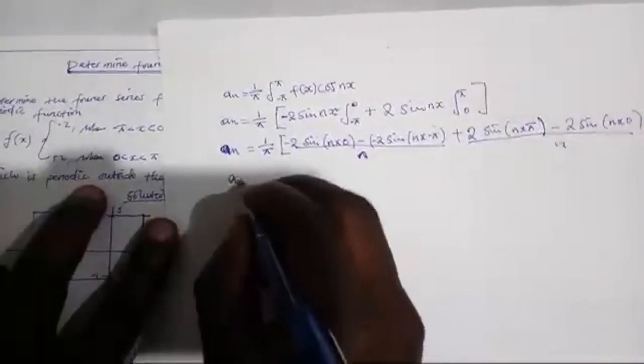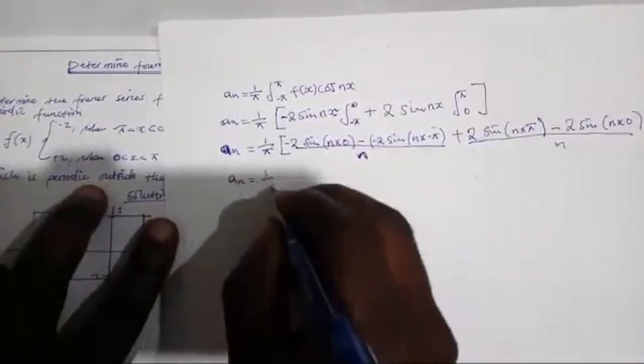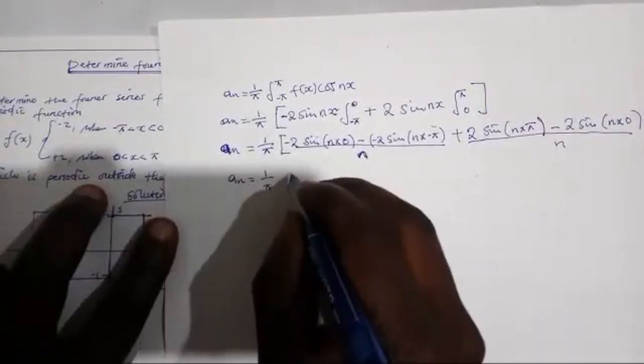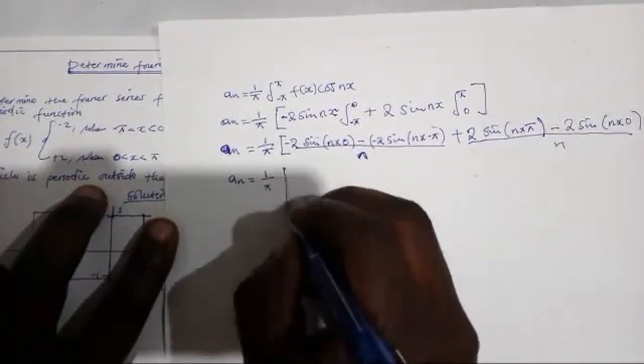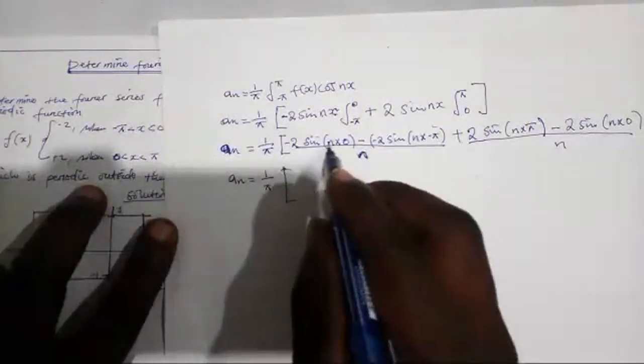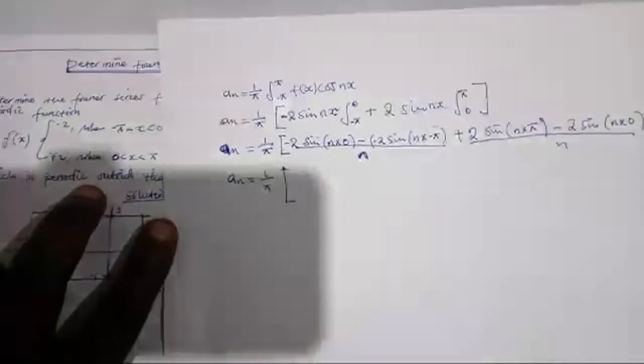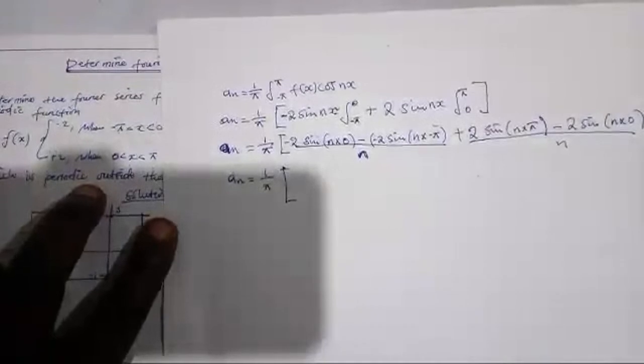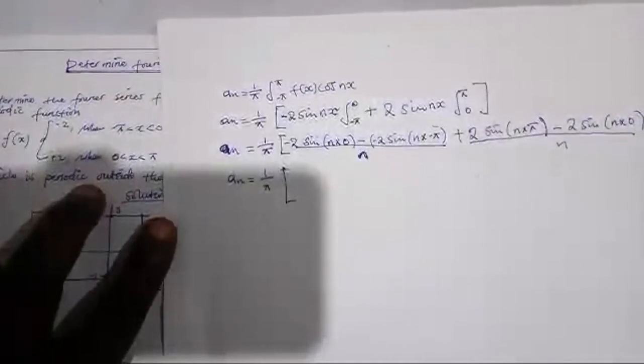Then a sub n will be equal to 1 over pi, then open square bracket, then n times 0, we are going to have 0. Then sine 0, if you punch on calculator, sine 0 is 0.